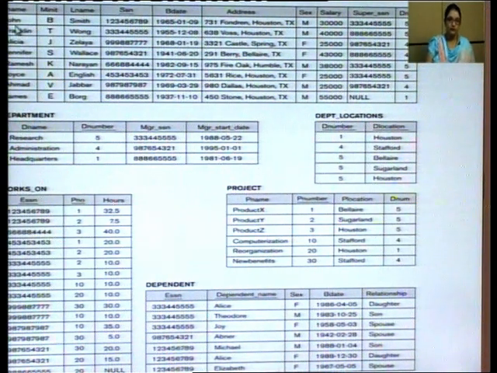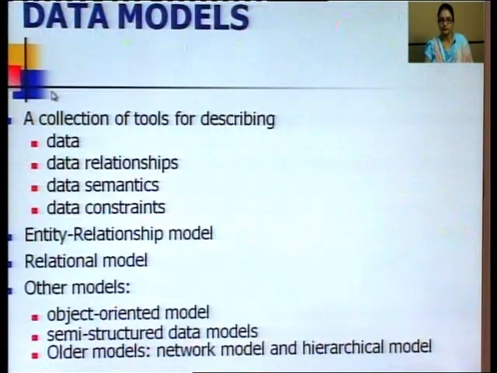At first, F name has the value John. At second, F name has the value Franklin. So at a particular moment of time, when your table has different values for its fields and attributes, it forms the database state.